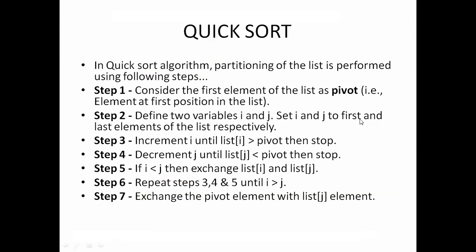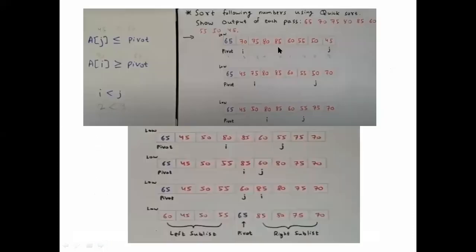Set i and j to the first and the last element of the list. So I am taking the first element as the pivot, that's why I am choosing the next element as my i element. If you choose the middle element 85 as the pivot, then the i value is 65 and the j value is the last element.